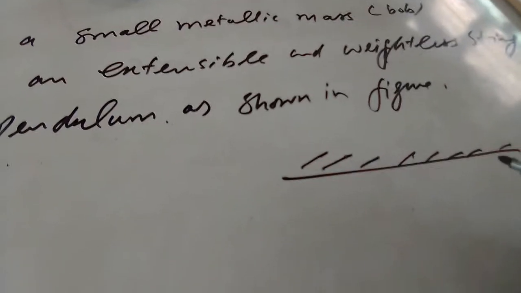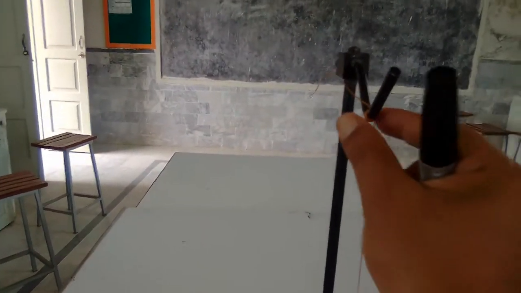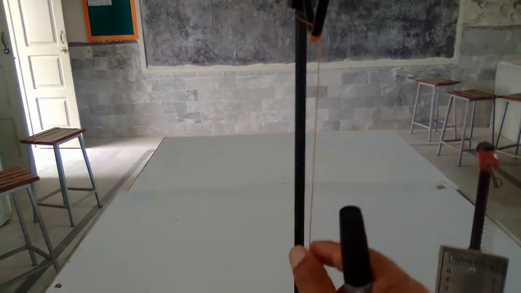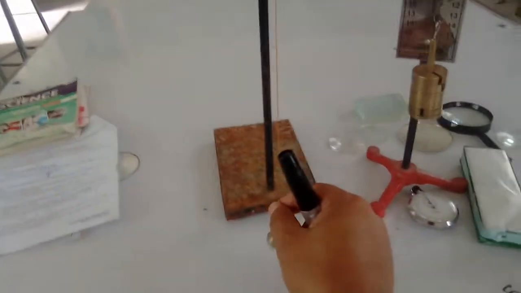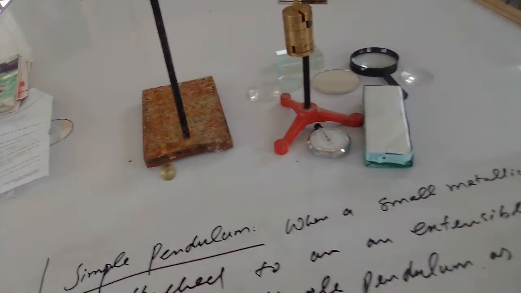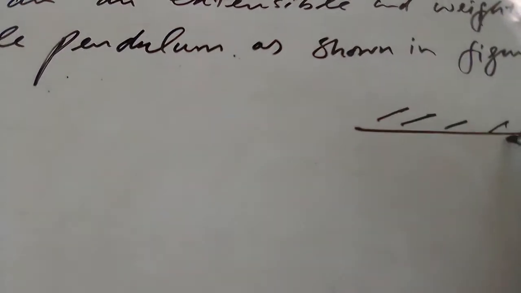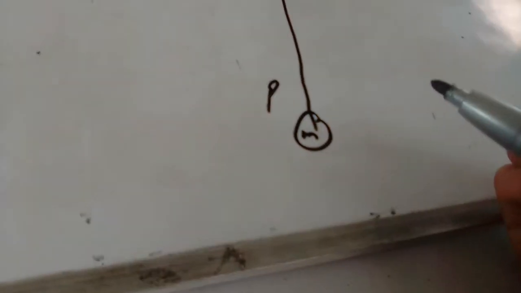Let's say this point is called the pivot support. It is a weightless and inextensible string, and this small metallic mass is called the bulb, of mass m. This point, let's say P, is called the mean position.